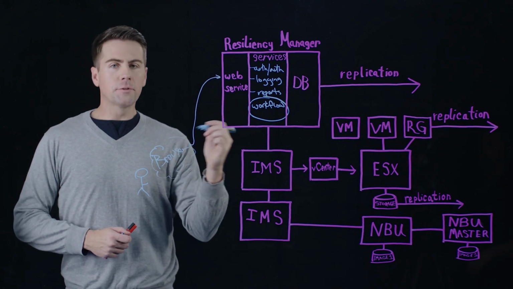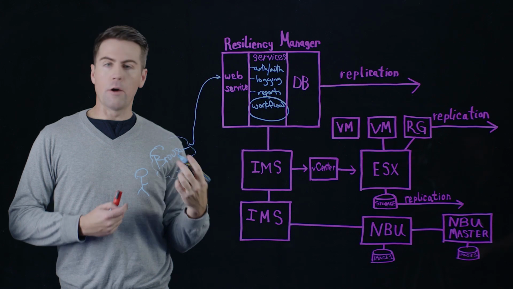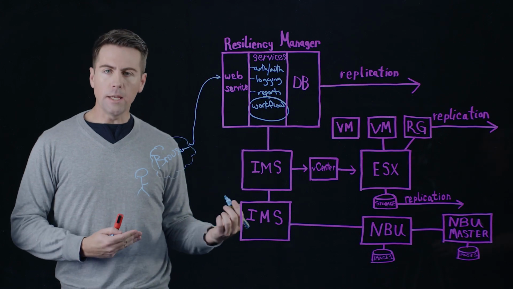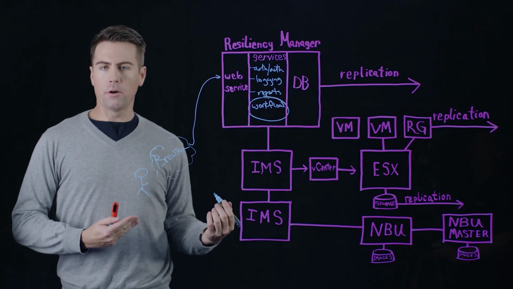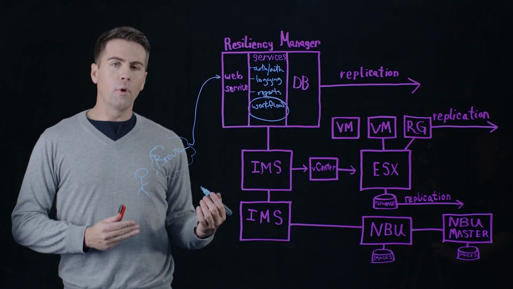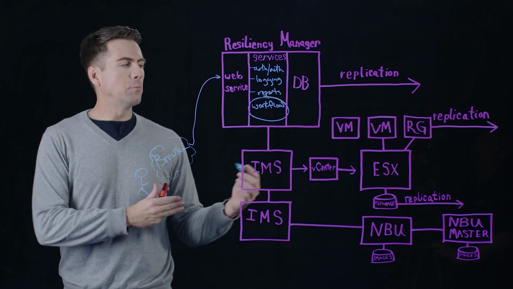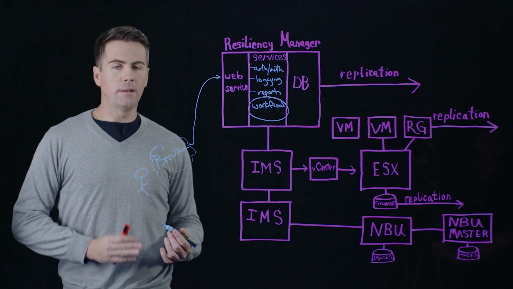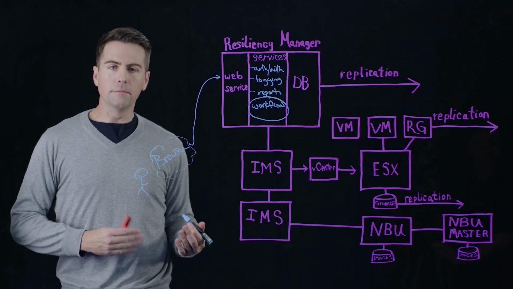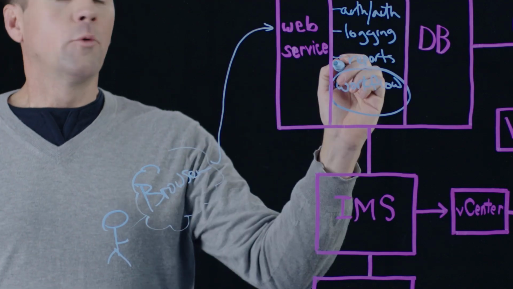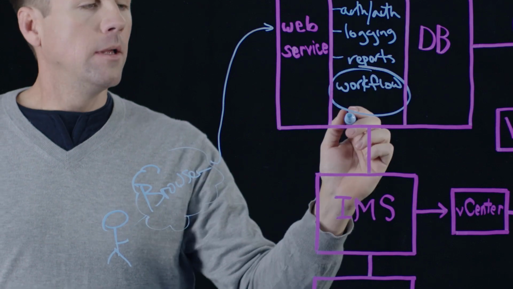We would initiate some sort of action within the system. That would be something like a migration, a takeover, or potentially even a DR rehearsal. That's a scenario where Resiliency Platform is actually able to bring up systems it's managing in an isolated network so they can be tested. So we log in, we initiate some sort of action.